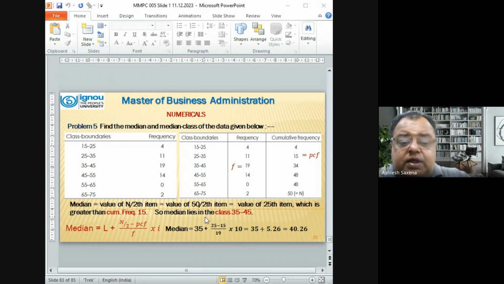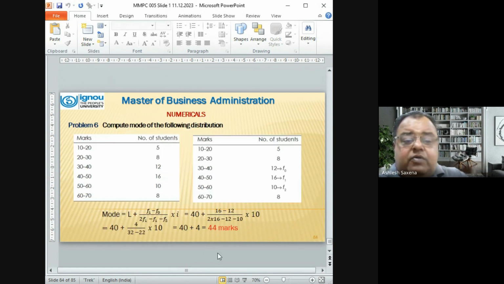Write it out over here. You will get 35 plus (25 minus 15) upon 19 into 10, which comes out to be 40.26. That means the median is 40.26 and the median class is 35 to 45. This is the answer.